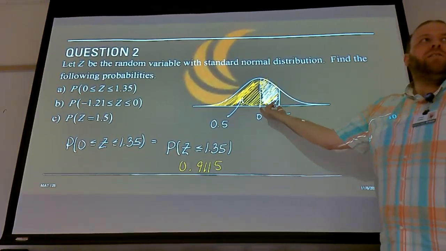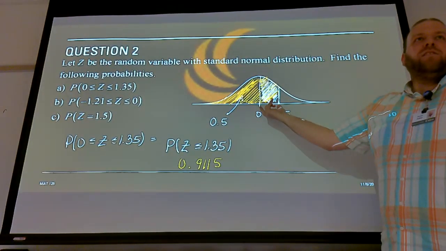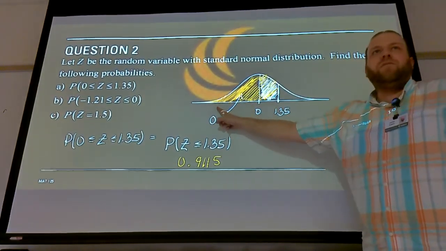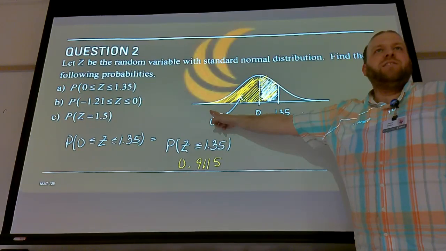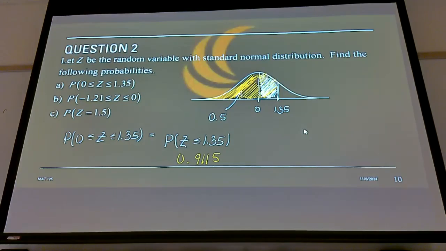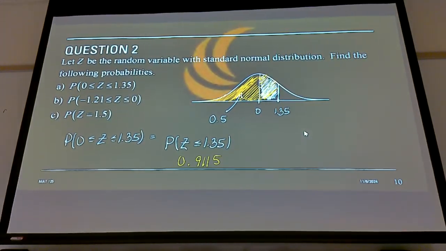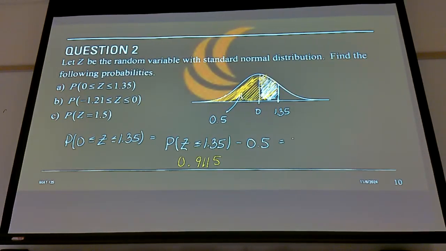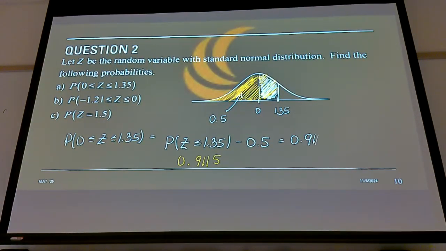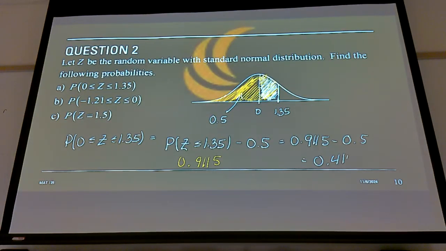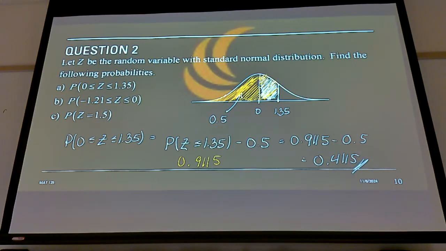We just want this bit. Well, that is everything minus what's to the left of 0, right? And to the left of 0 is 0.5. So there's your area. There's your probability, 0.4115.